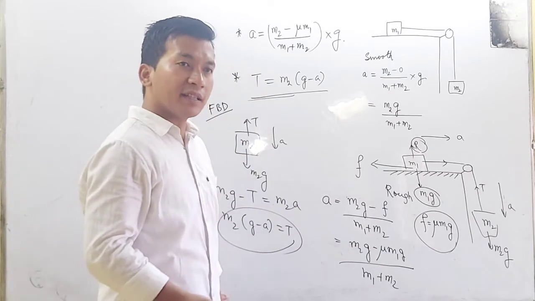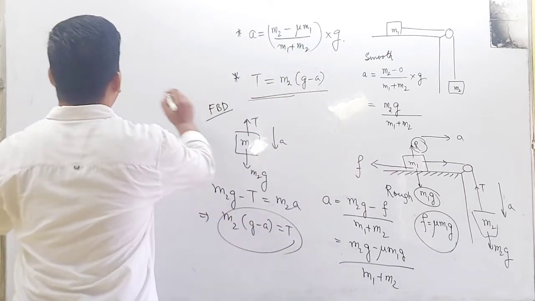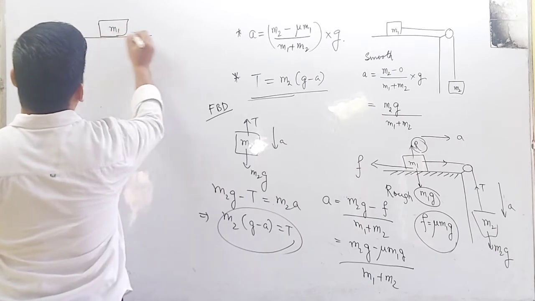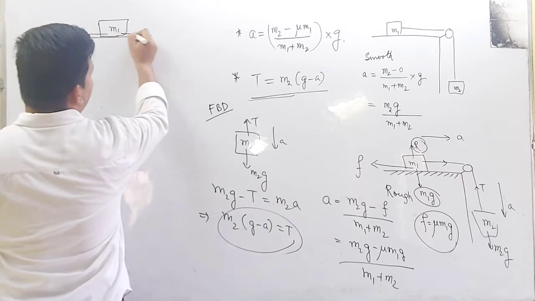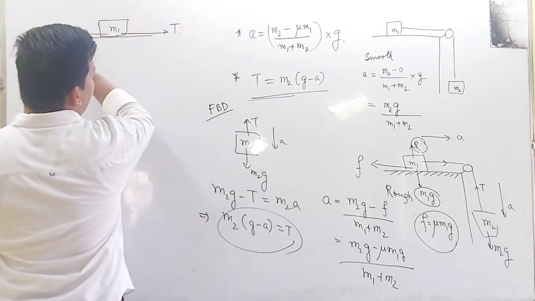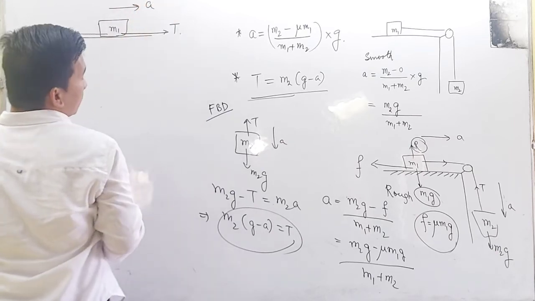Now how to find out your tension by taking M1. This is quite difficult. This is F, and this is tension T, and the acceleration A here.